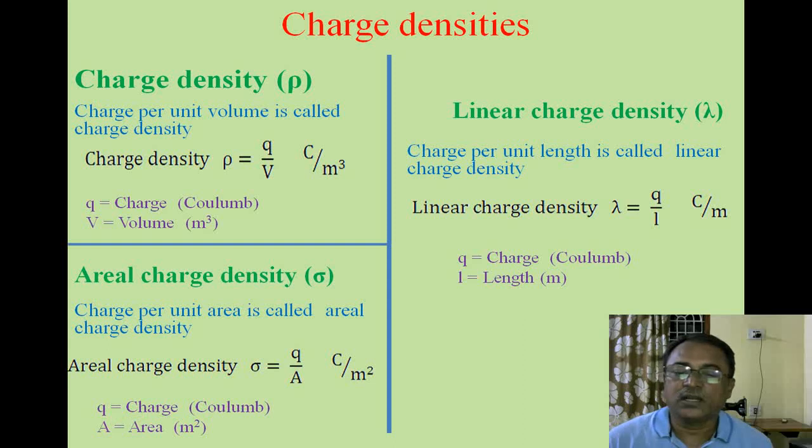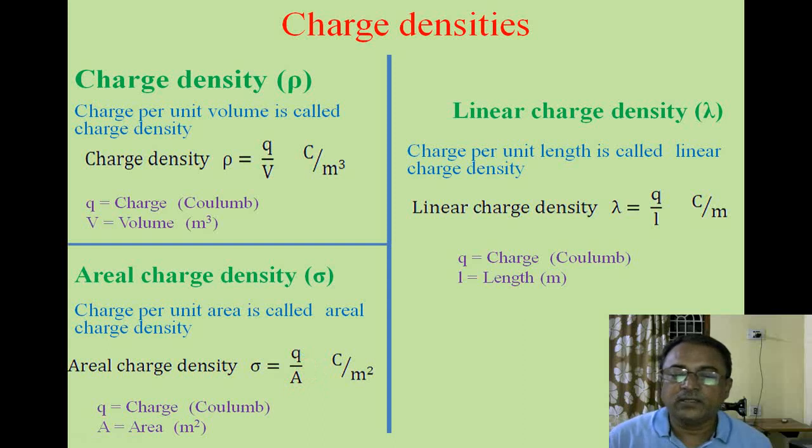This is the charge contained within unit area, and the quantity can be measured by taking the ratio of the charge given to the surface and the surface area of the plate. So sigma is equal to Q by A is the quantity of surface charge density.